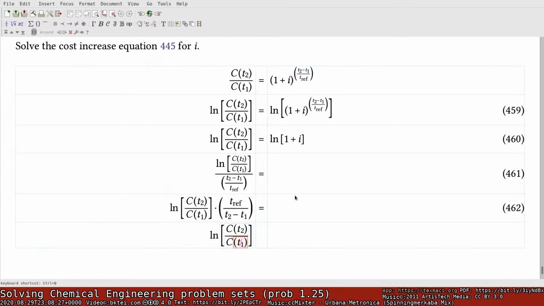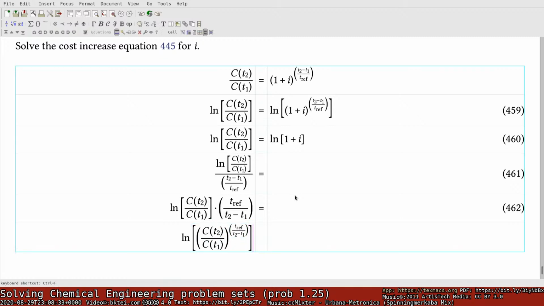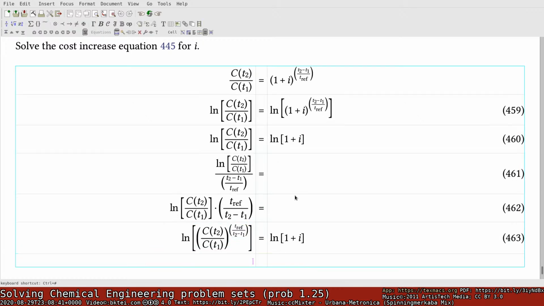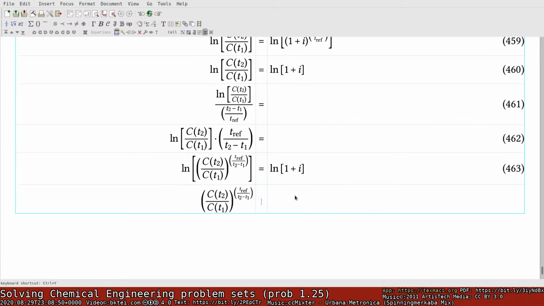All right, so we can put this into a quantity and then raise that to a power itself. There. That then equals our thing, which we haven't changed. Which now we can remove, exponentiate everything and remove, yeah, so 1 plus I.